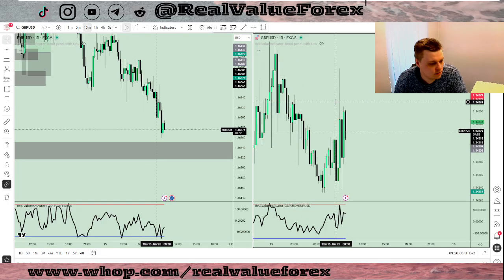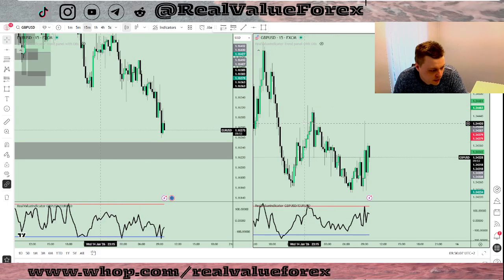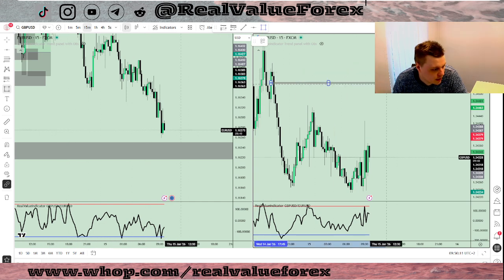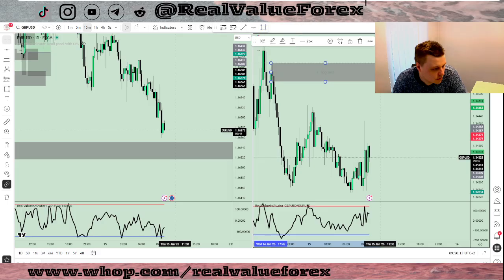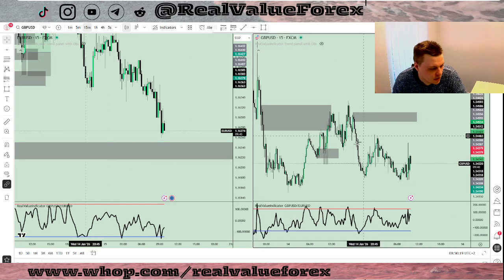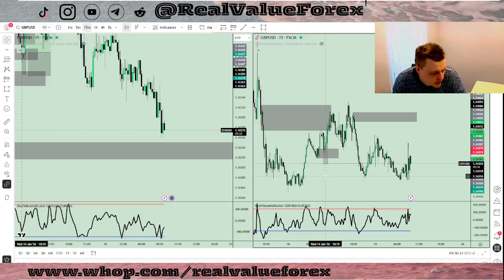GBPUSD, what do we have? Do we have recent levels? Something is in here, and here is everything tapped. On the left side as well, everything tapped.